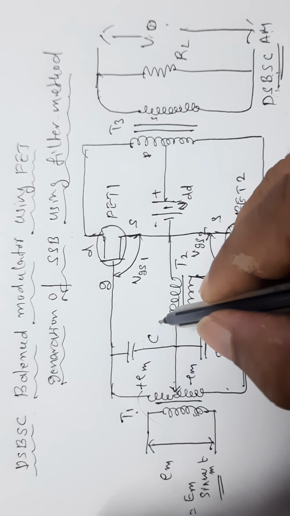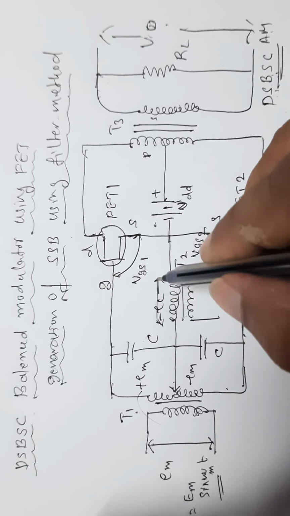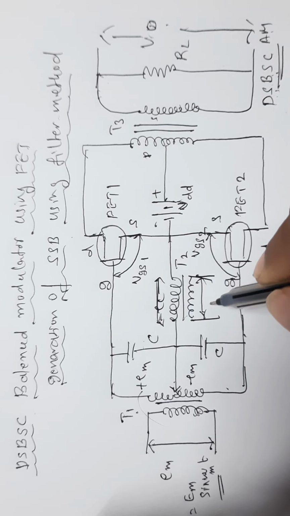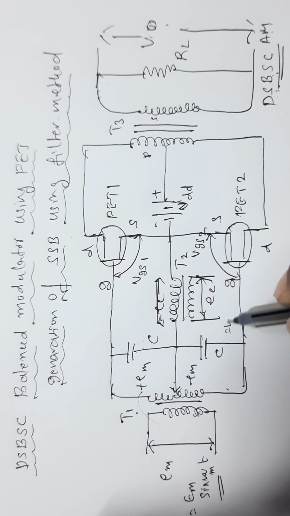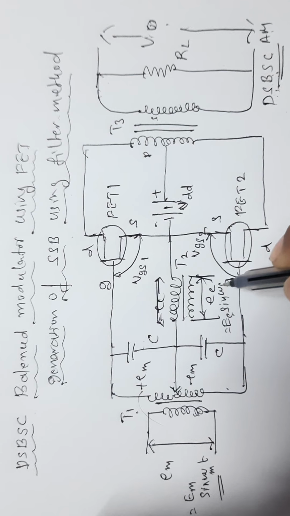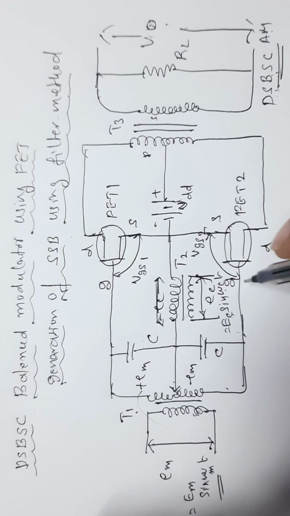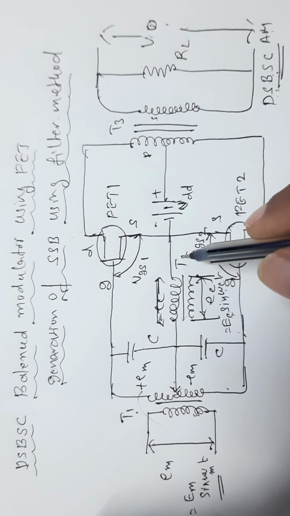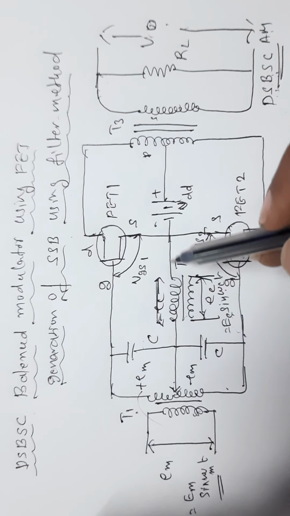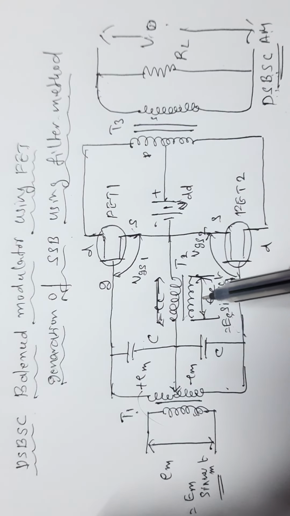Let a carrier signal EC, given by EC sine omega ct, be applied to the transformer T2. Therefore, the voltage to the source is EC, and the voltage to the other source is also EC.